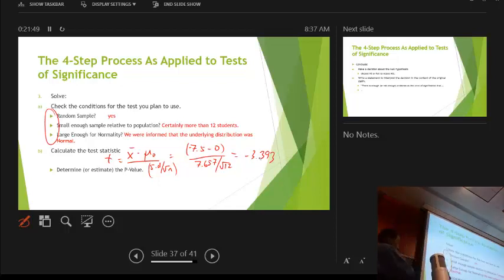When you find the test statistic, this formula is given to you, so you just plug it in. The sample mean is negative 7.5 over the standard deviation divided by the square root of n, giving negative 3.393. This is where we want to use the t-chart to figure out where this value falls.